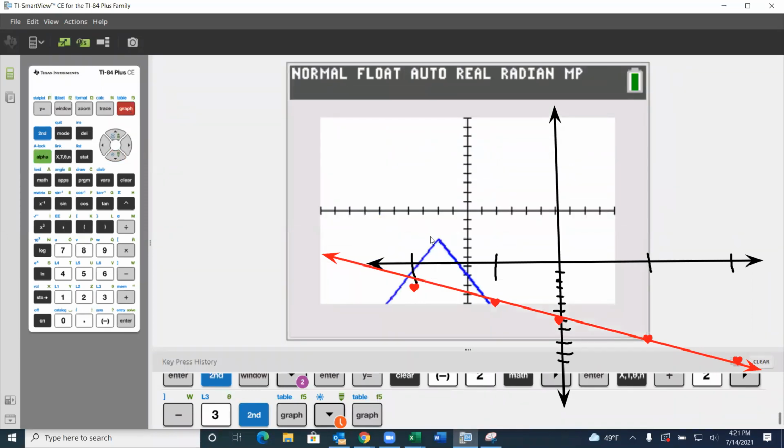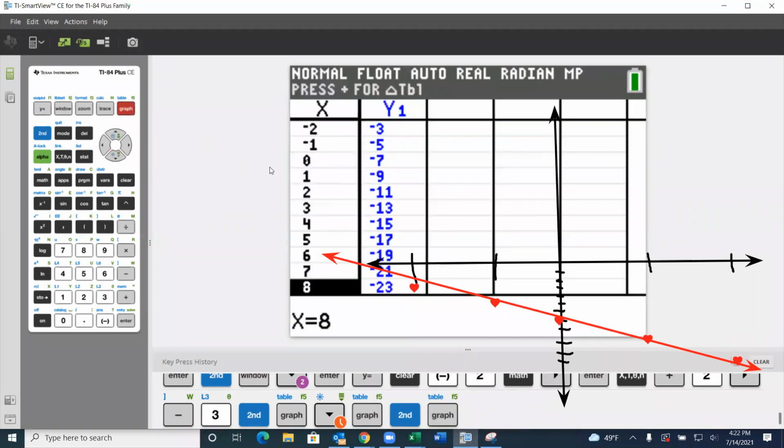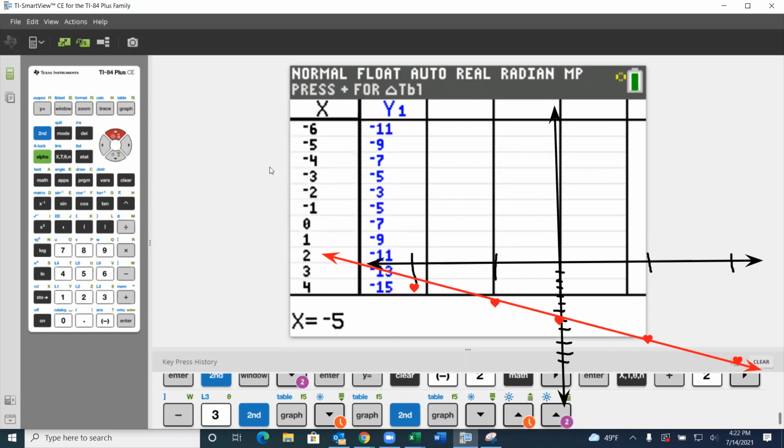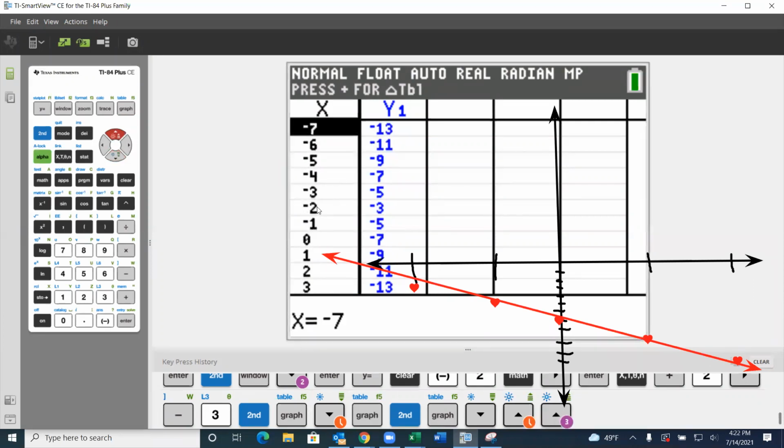Look at that. All right. So it looks like the graph starts going down again when x is -2. So right here at -2, that's when it should have started going down, but we didn't plug anything into the left of it. If you take a look at that table, notice once we get past x equals -2, those y values start dropping again, down to -5, down even further, down even further.